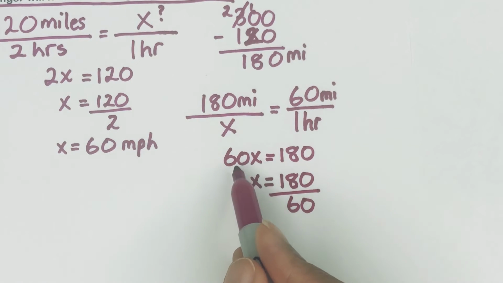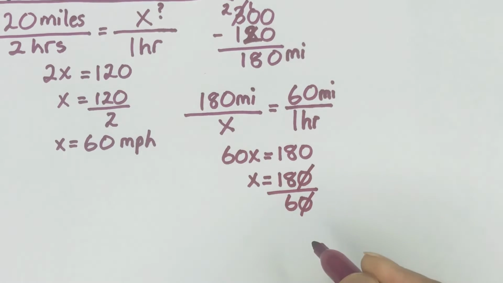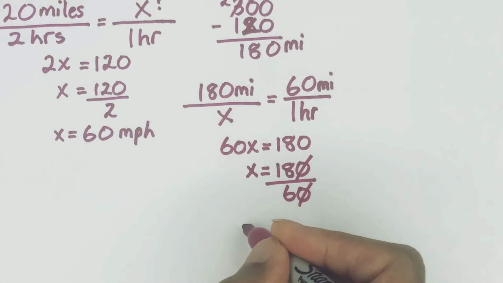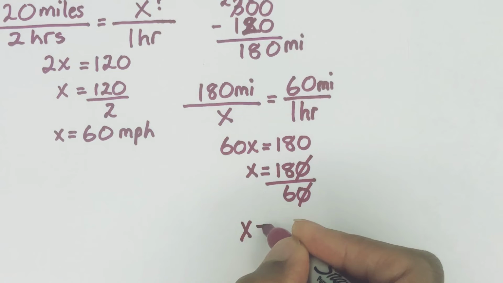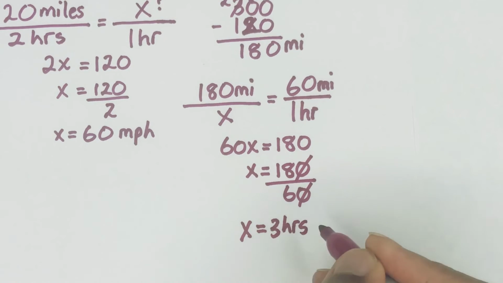The opposite of multiplication is division, so we get rid of that. That's the 0 trick there. How many times does 6 go into 18? It goes 3 times. So that means it's going to take them another 3 hours to get to their cottage.